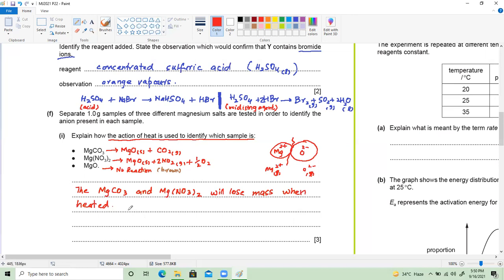Second thing is that magnesium nitrate produces brown fumes of nitrogen dioxide gas.